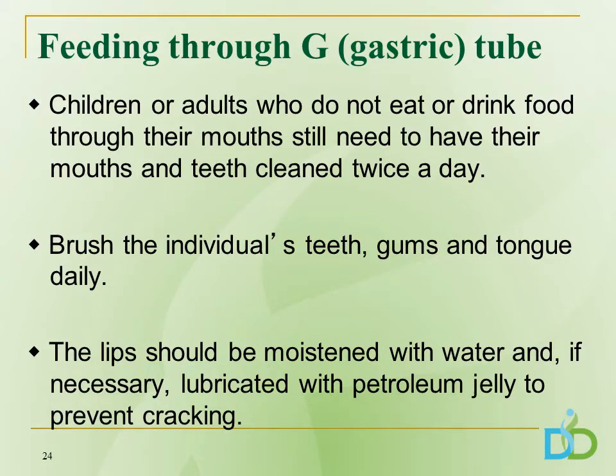This happens when the minerals present in the saliva turn the soft plaque hard. Also, these individuals often breathe mainly through their mouth, which can cause dry mouth and increase this likelihood. Teeth, gums, and tongue must be brushed at least twice daily for patients on gastric or G-tubes.